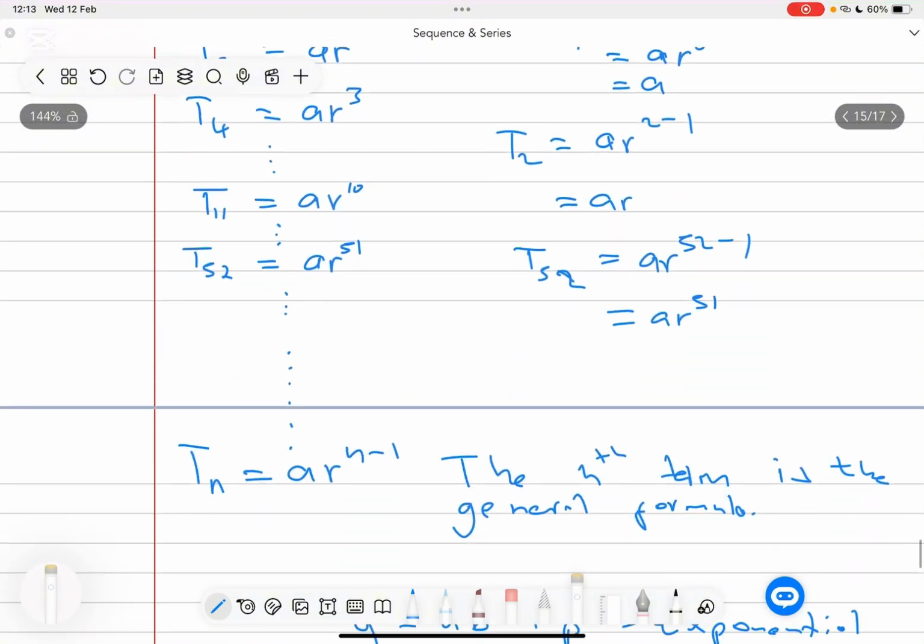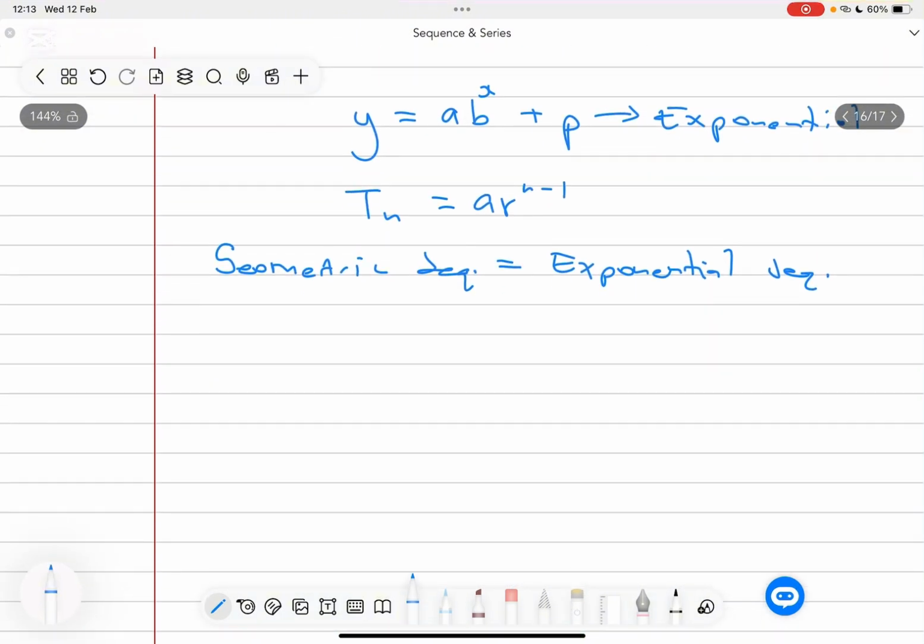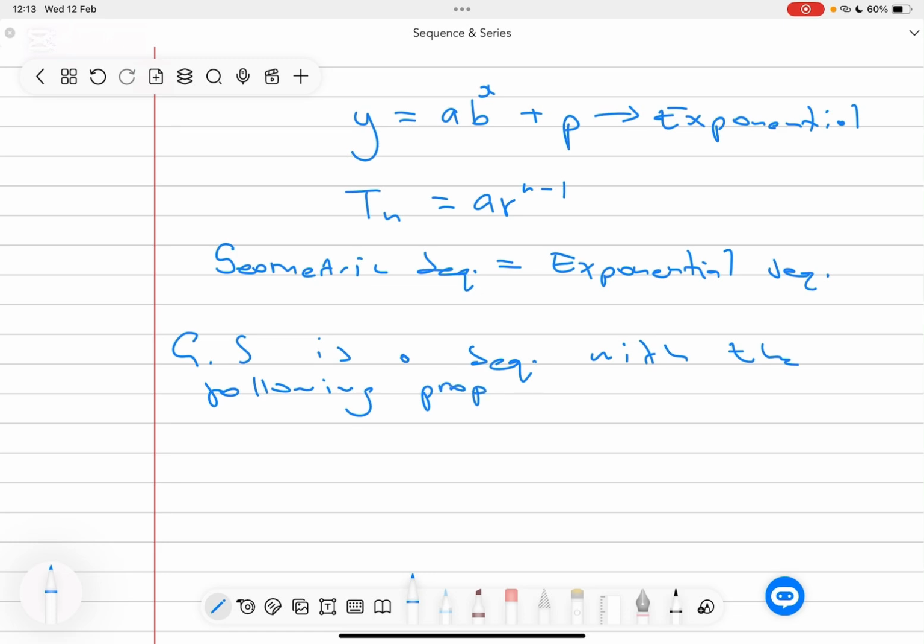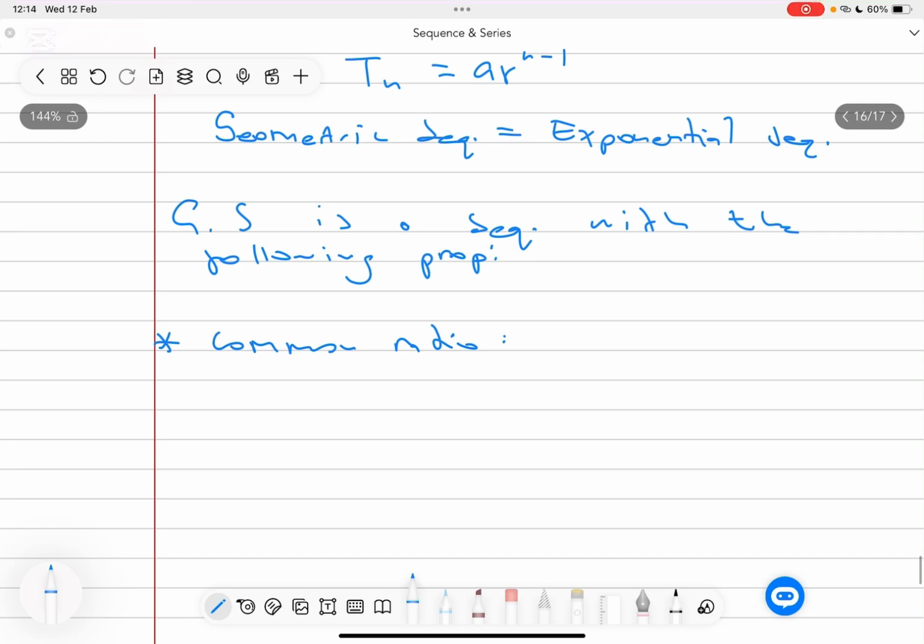Now, as a conclusion, we will say that a geometric sequence is a sequence with the following properties. One, we have a common ratio, which is defined by r = t(n+1) over tn.